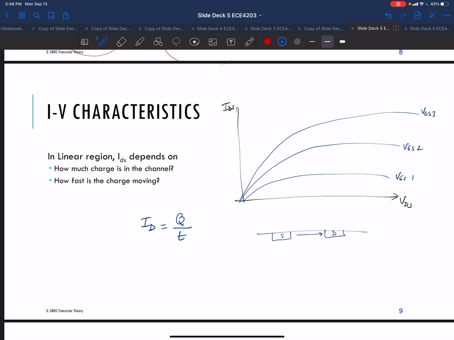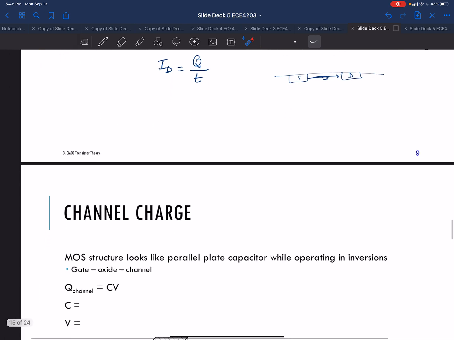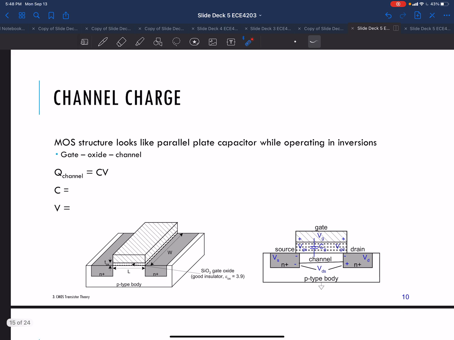You need to figure out how much charge is going through here, and then how long it takes to cover that distance.